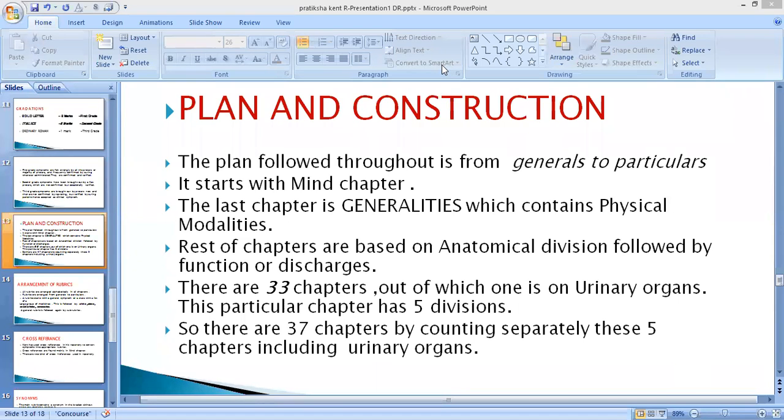And lastly the generalities section, in which aggravation, amelioration and general complaints and diseases were given.